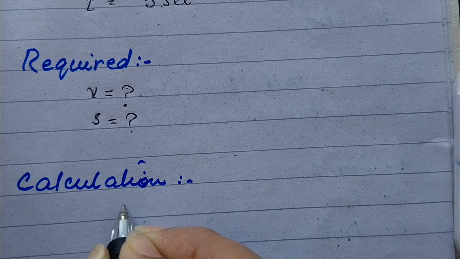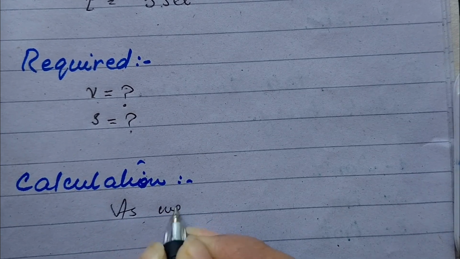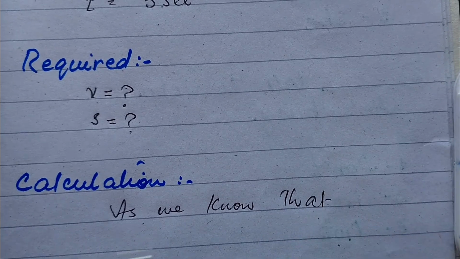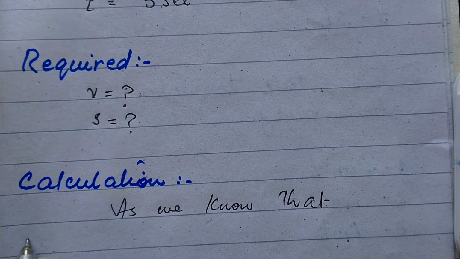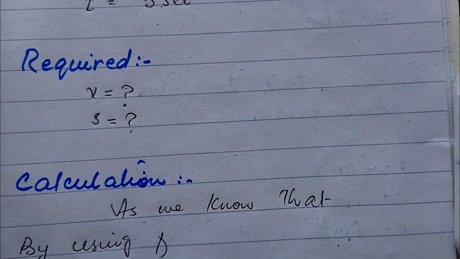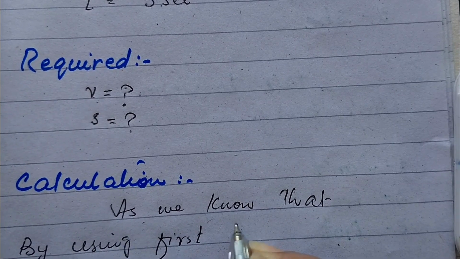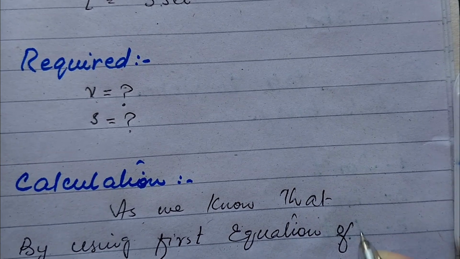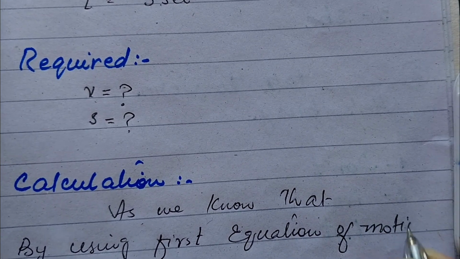And what we have to find is the final velocity. By using the first equation of motion we will find the final velocity, which is v is equal to u plus at, where v is final velocity, u is initial velocity, a is acceleration and t is time.